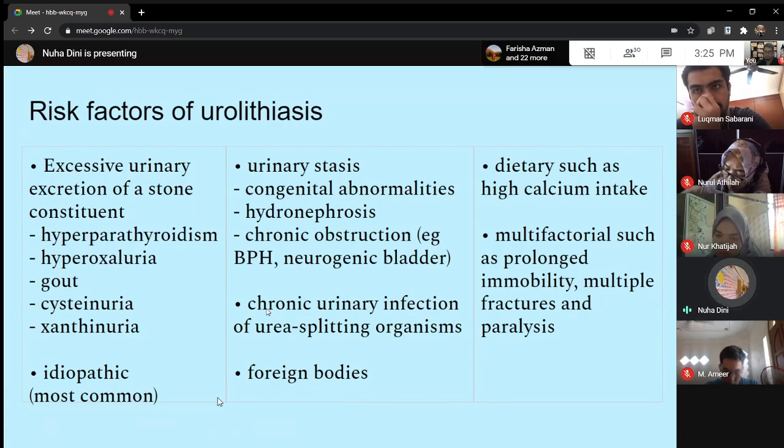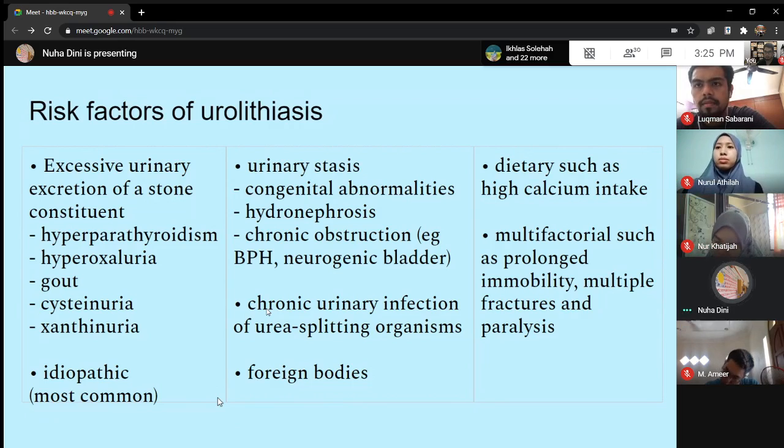Next is urinary stasis. Urinary stasis, particularly if it is associated with infection, predisposes the patient to develop stones. Urinary stasis occurs in patients with congenital abnormalities such as horseshoe kidney, patients with hydronephrosis, or chronic obstruction such as benign prostatic hyperplasia and neurogenic bladder.